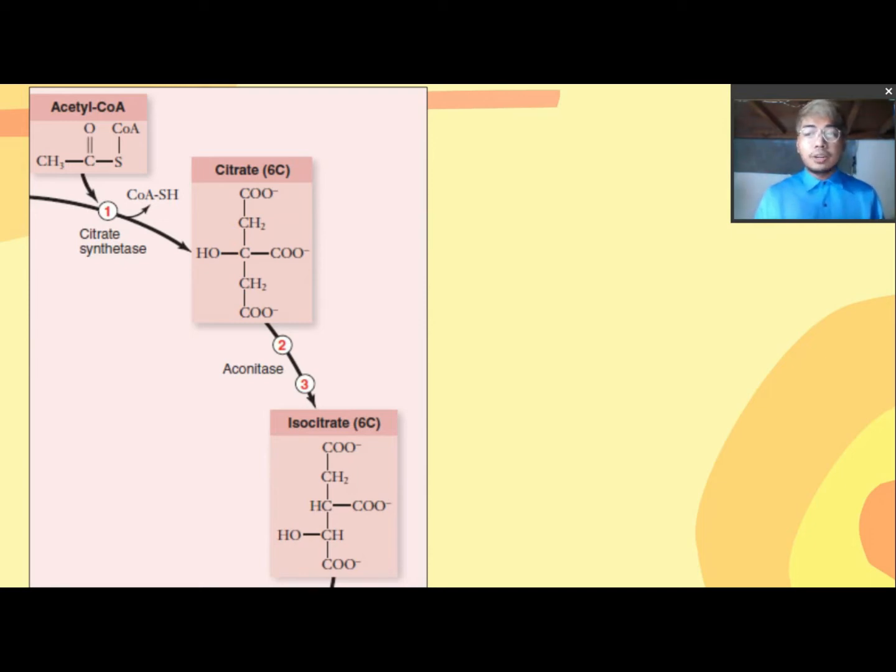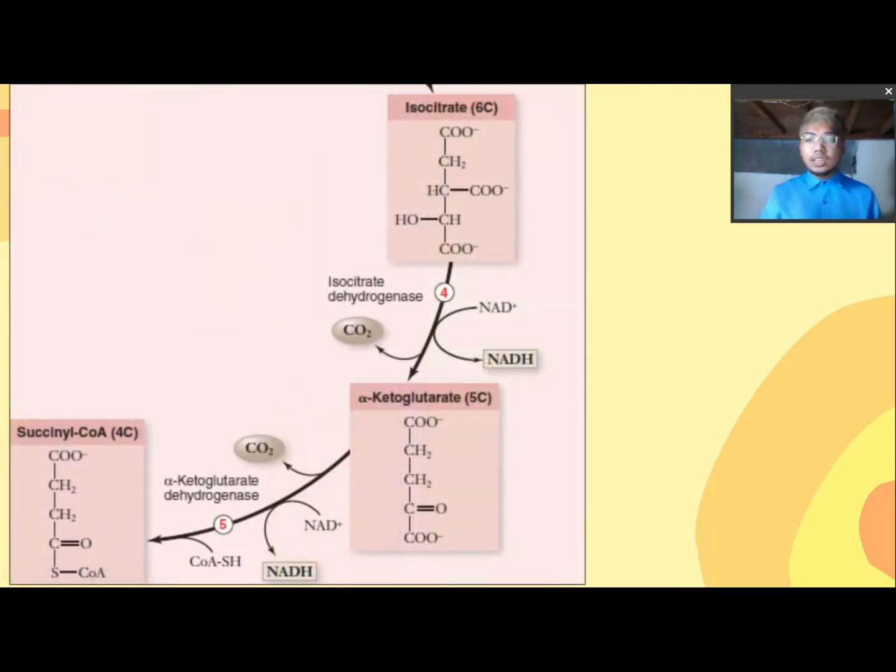Aconitase is an isomerization enzyme responsible for releasing a water molecule and reattaching a water molecule to transform these substances from one compound to their isomer. In this case, citrate will undergo the release and reattachment of a water molecule with the enzyme aconitase to create isocitrate, which is just an isomer of citric acid.